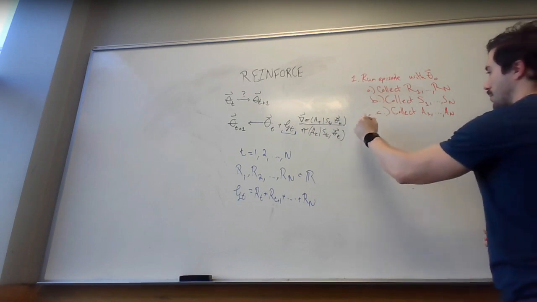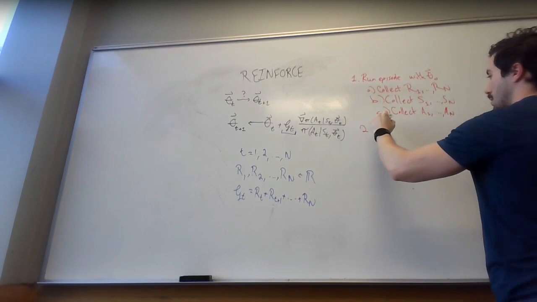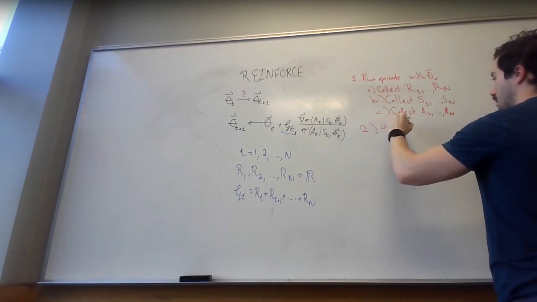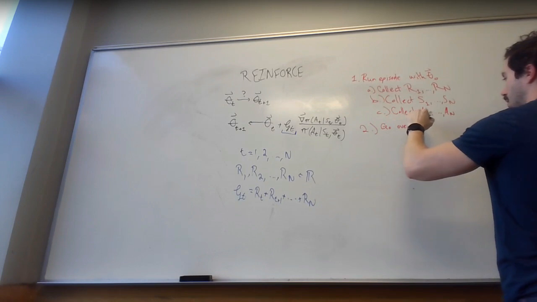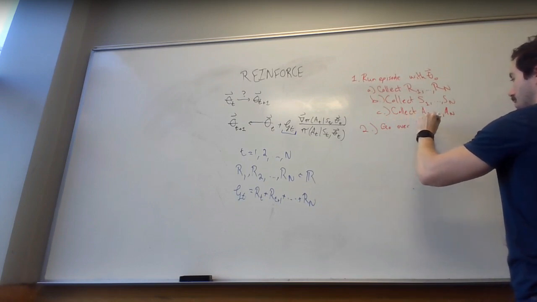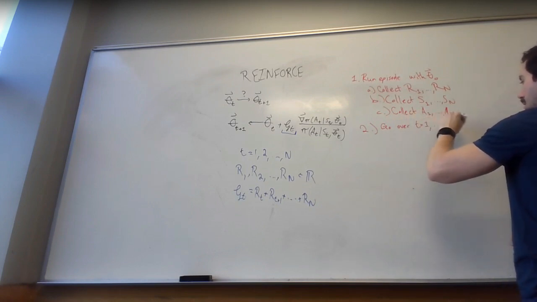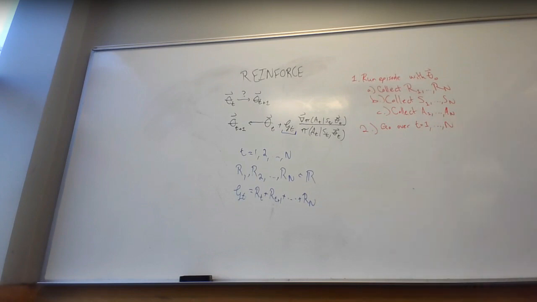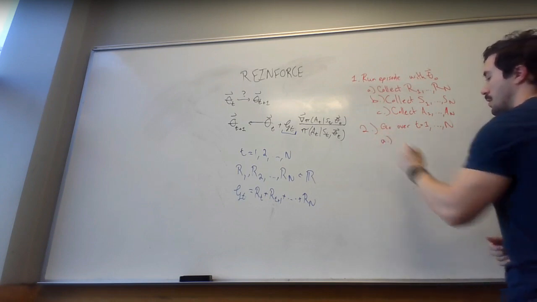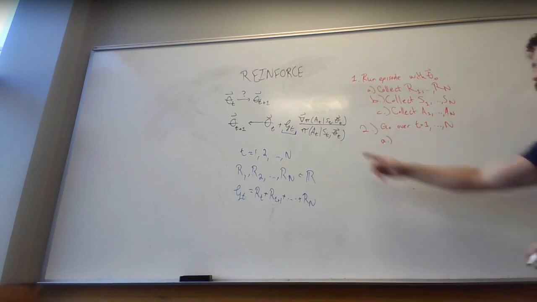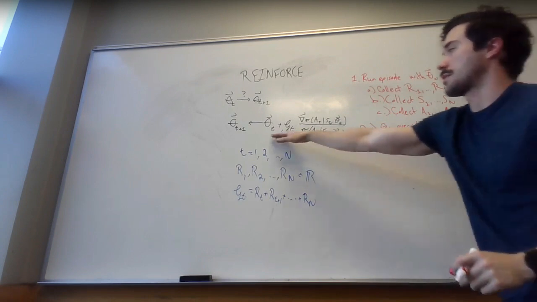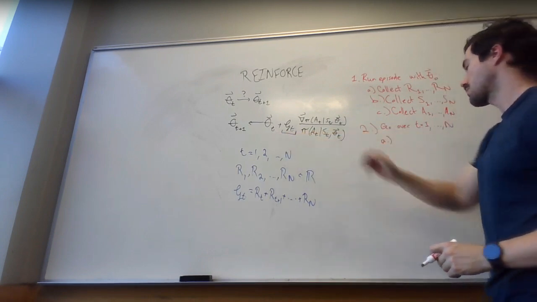And then after you run the episode, go over all timestamps, or time points. So t equals 1 up through n. And when you go over each one, you do the following. You want to run this update rule, but you need to calculate this right-hand side first.